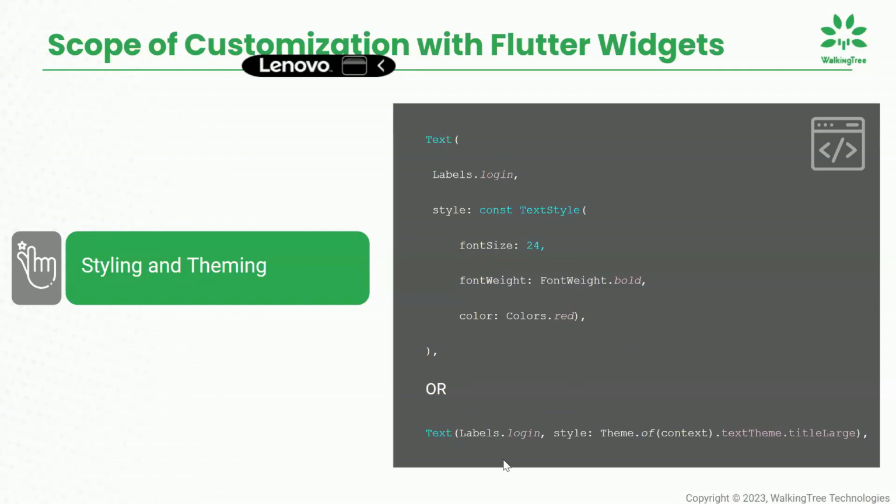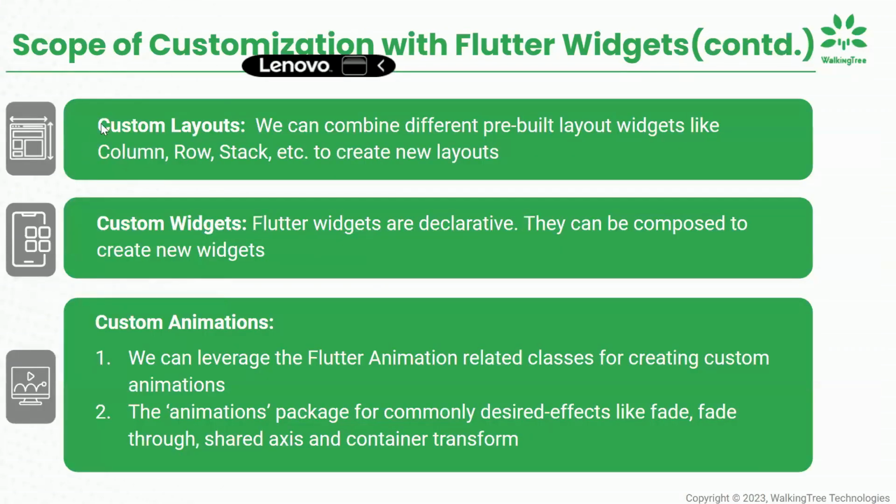If we want to brand our MVP, we can create our own theme also. Once the theme is created, we can use the same theme to style different widgets throughout the application. We can create custom layouts. We have lots of layouts provided by Flutter, but if something is not suiting our need, then we can combine those layouts and create our own custom layouts.